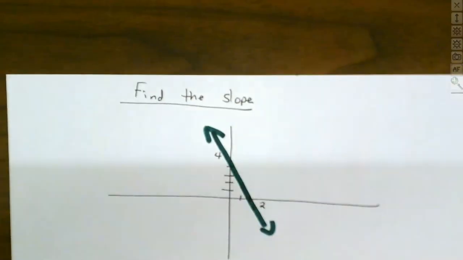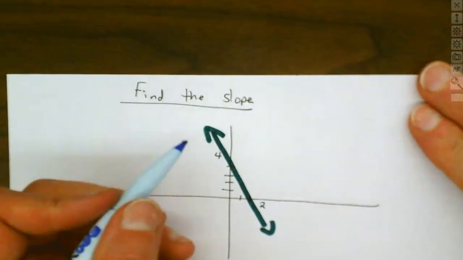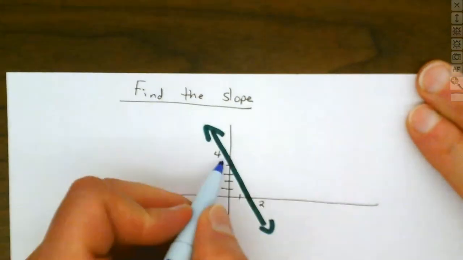I want you to use this picture to find the slope. What are we going to do? Well, first off, what do we know about the slope? Do you think it's going to be positive or negative? Which one and why? Positive number or negative number for my slope? Anyone want to take a guess? Positive or negative? Okay, it's going to be negative, isn't it? Why is it going to be negative? Because you're going down. So your slope should be negative.